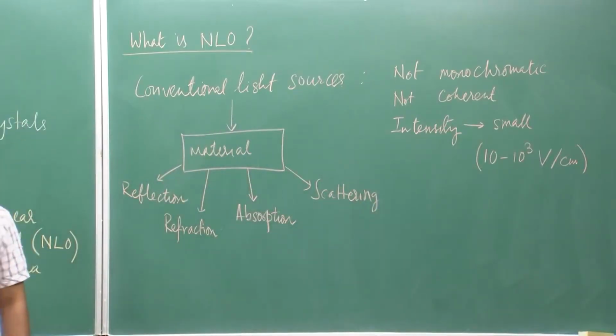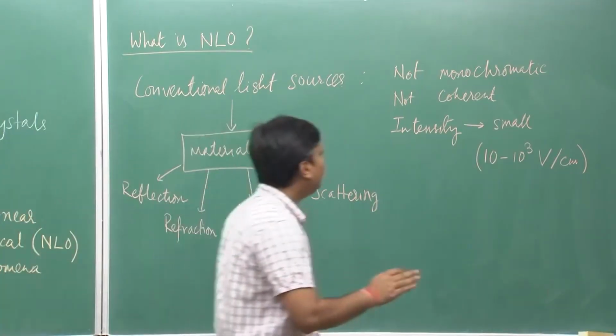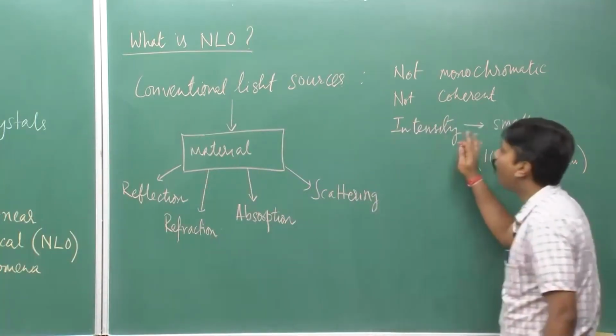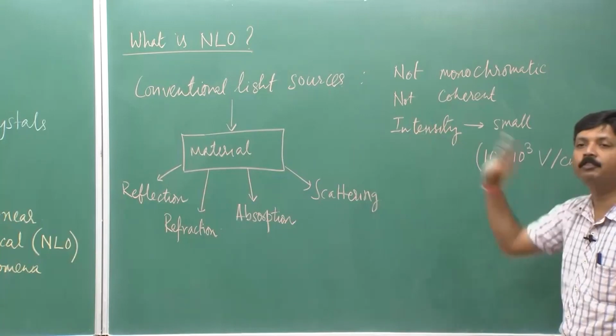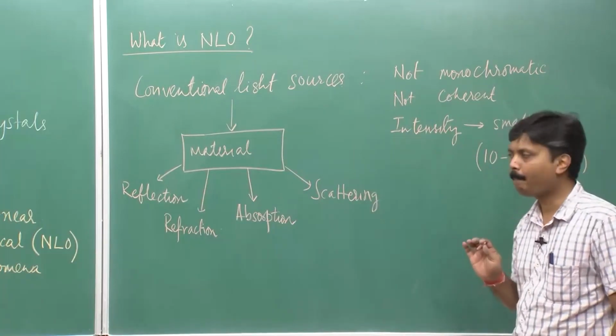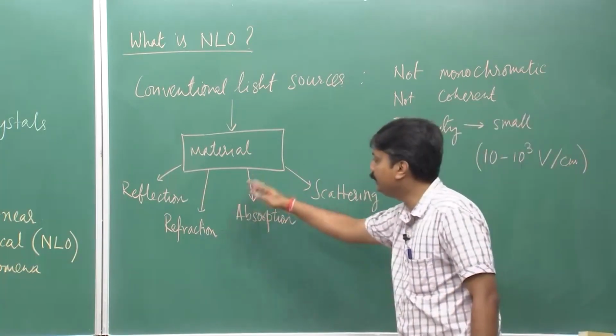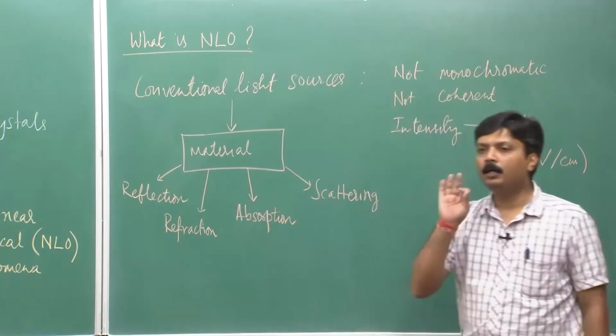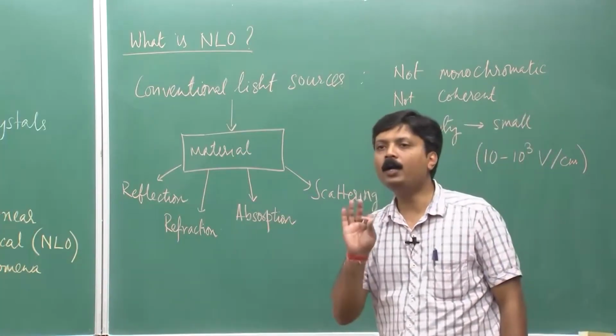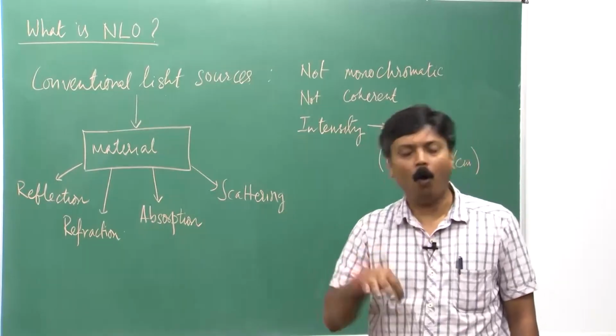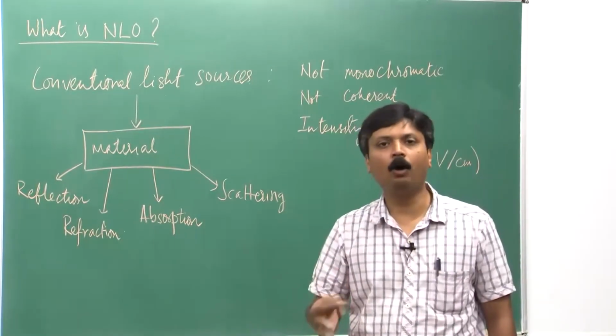Now, the weak field of these conventional light sources can give rise to these kinds of properties, but they can hardly alter the macroscopic or microscopic properties of the material.